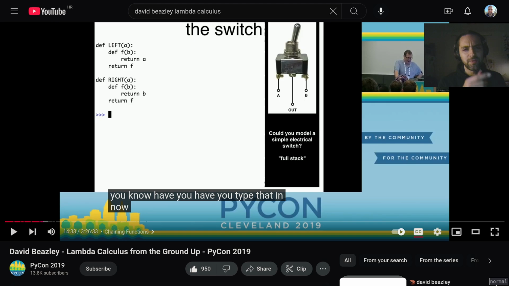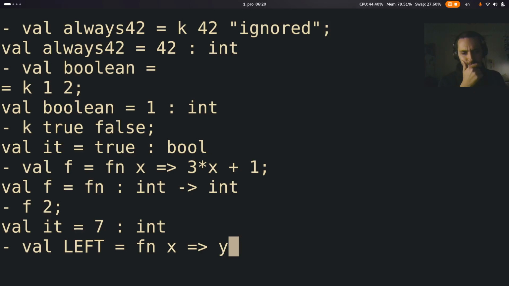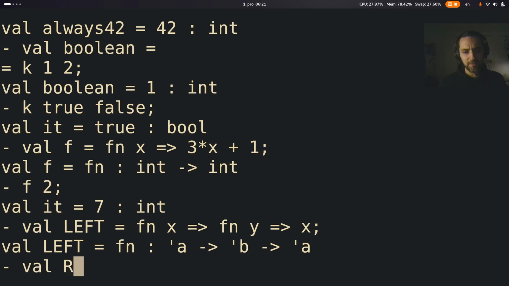Return f, return a, return f. I think this is fn y, return x. And val right, fn x, fn y, return y.